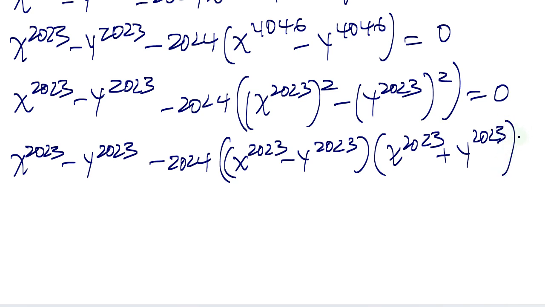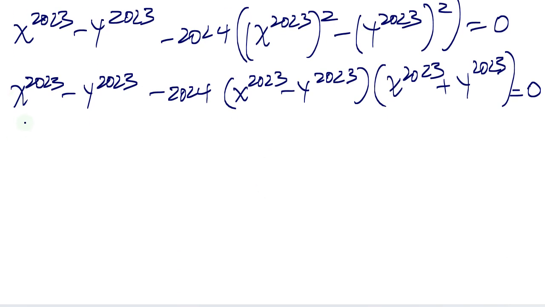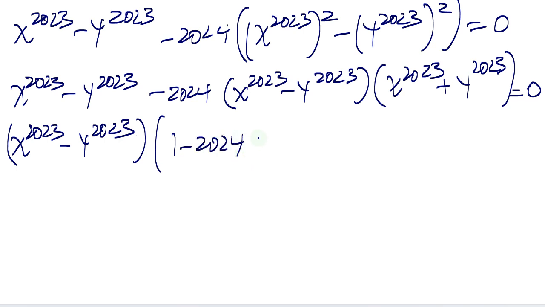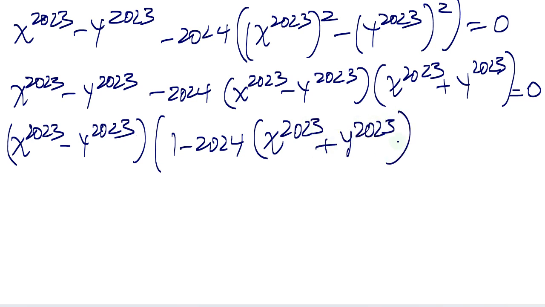And then this equals 0. So now we can factor out x to the 2023 minus y to the 2023. This one will multiply 1 minus 2024, which multiplies x to the 2023 plus y to the 2023, close bracket, and then this is 0.